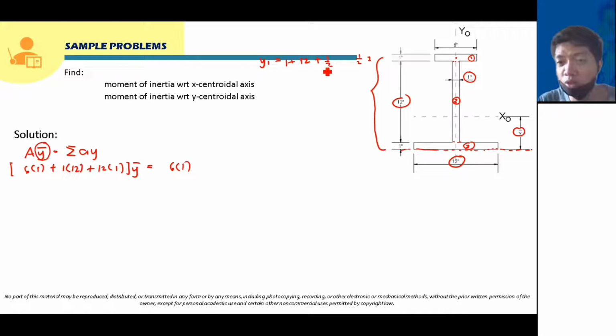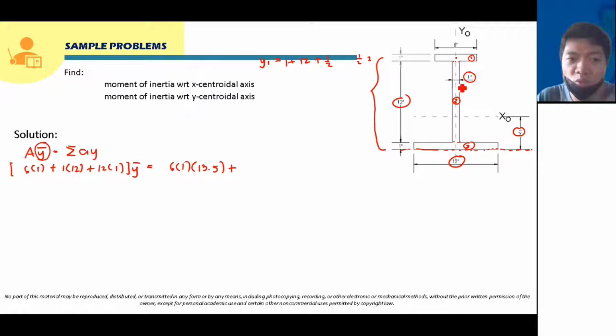So what will be the answer for that? 1 plus 12, 13, plus 1/2, 13.5, right? So this will be multiplied by 13.5. Now for the y of area 1, class, this is measured above the reference axis, right? So it's positive.